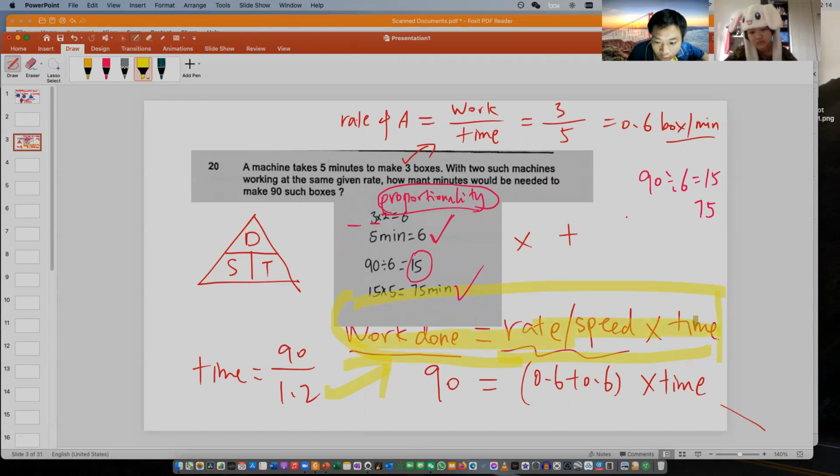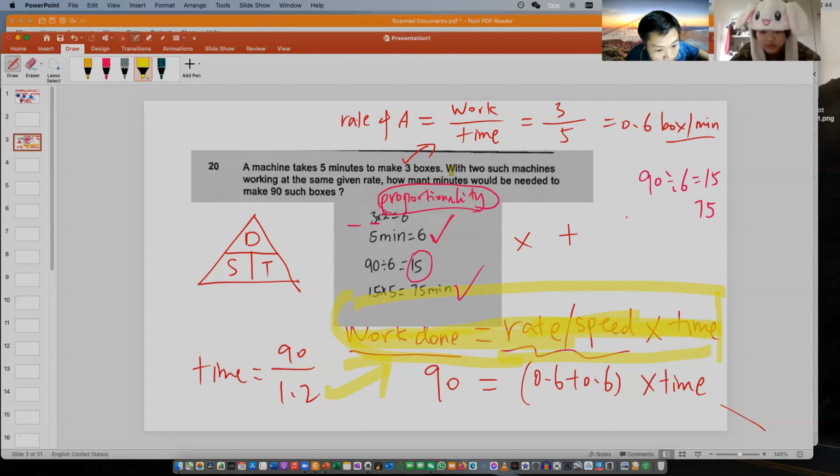In fact, this question is slightly easier. I hope if you get harder questions similar to this, you follow the formula. Because one thing I realize is if you follow the formula, you can solve all kinds of questions. But you use this proportionality.